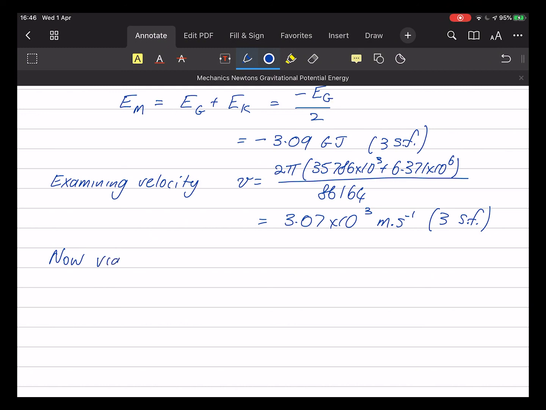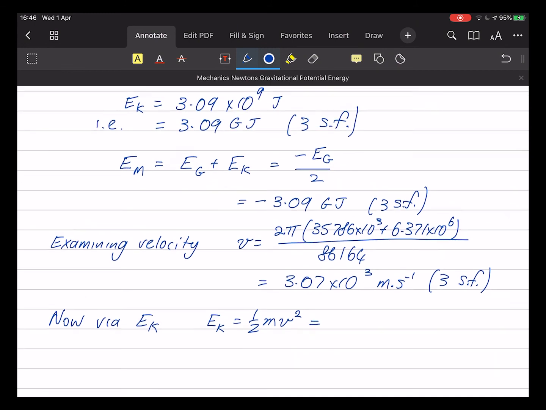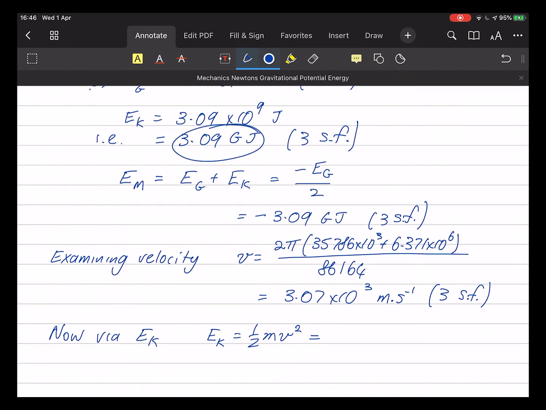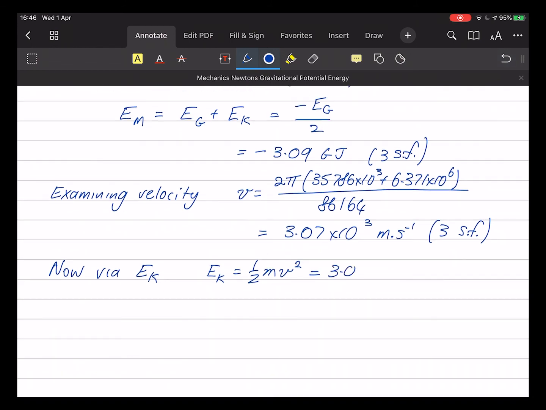So now, via the kinetic energy, of course, that's half of the mass times the velocity squared. And we have the kinetic energy we worked out earlier. It's 3.09 by 10 to the 9.